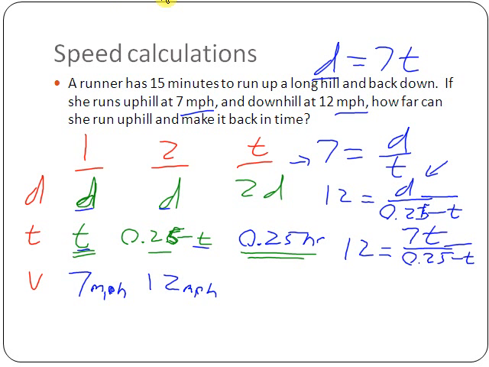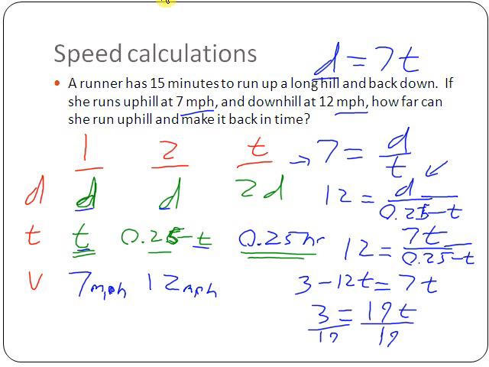Multiply the bottom section up: 12 times 0.25 minus t, where 12 times 0.25 is simply 3. So 3 minus 12t is equal to 7t. We add 12t to both sides, so we get 3 is equal to 19t. Divide both sides by 19.